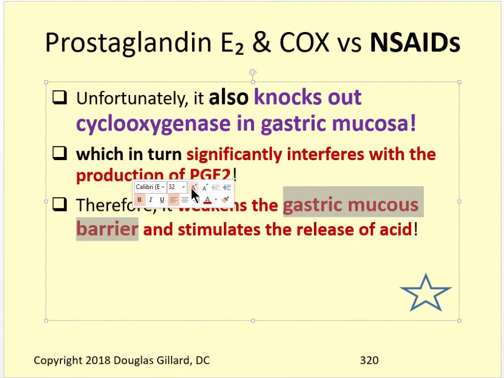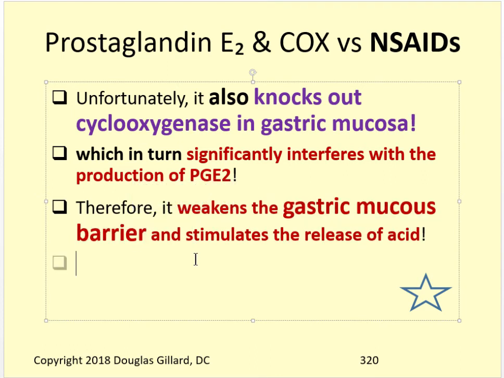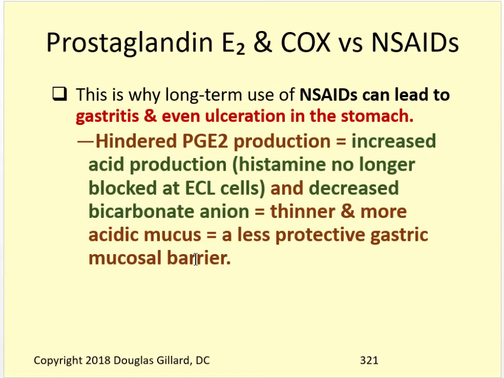And that is what's protecting our stomach from inflammation and pain. Okay, this is why long-term use of NSAIDs can lead to gastritis, ulceration, even perforation. It hinders the PGE2 production.